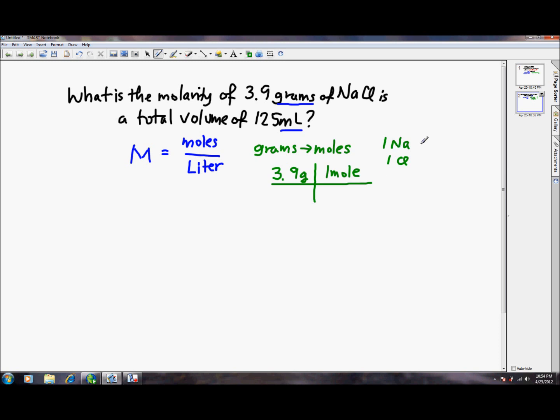Na is 22.99. Cl is about 35.45. I'm using a slightly different periodic table than the one you guys are used to. I'm going to add those two together. So 22.99 plus 35.45 is 58.44.